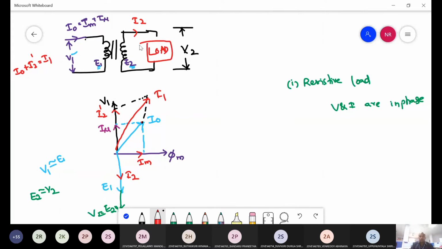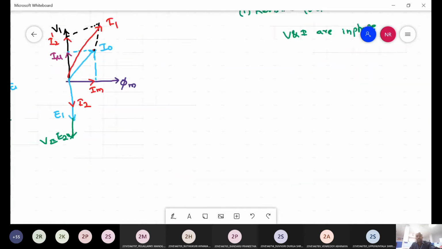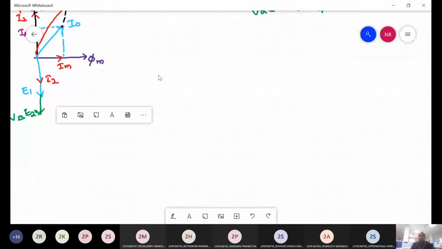If the load is an inductive load, please be careful. These terms are the same. What are those terms?